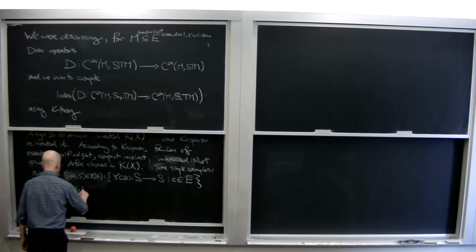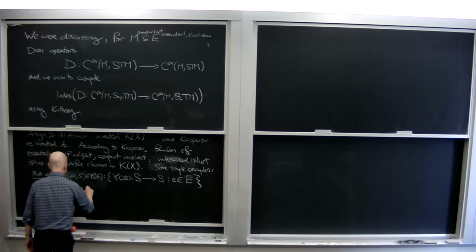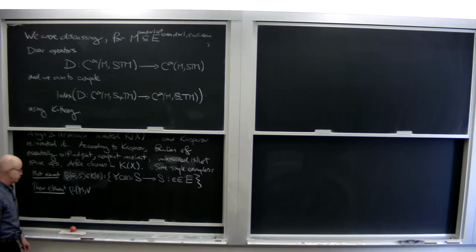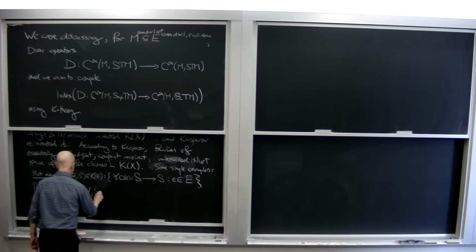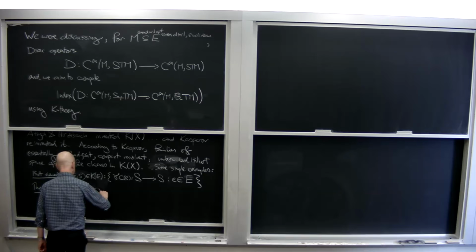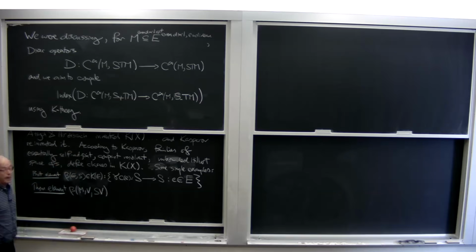If you have a vector bundle, how did I do this? A compact space like we have here, and a real Euclidean vector bundle over it, you can ask for a bundle over M, which is equipped with one of these Clifford multiplications that we were talking about.